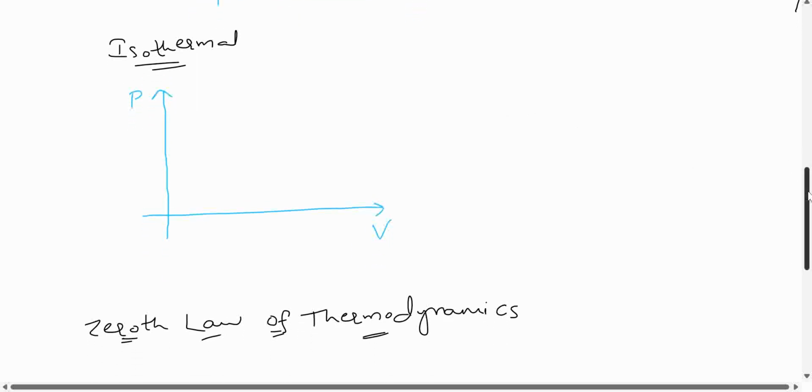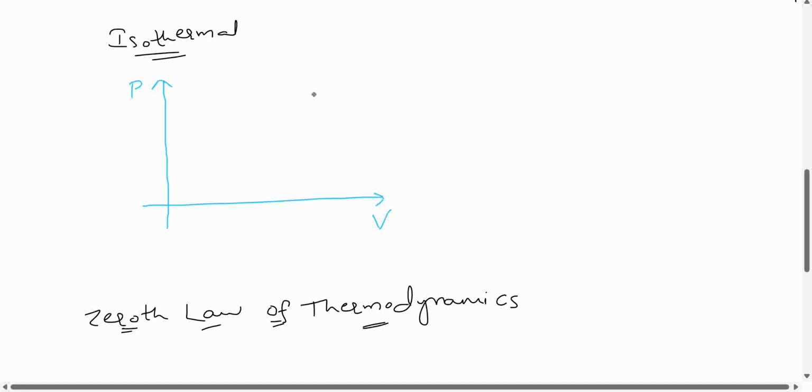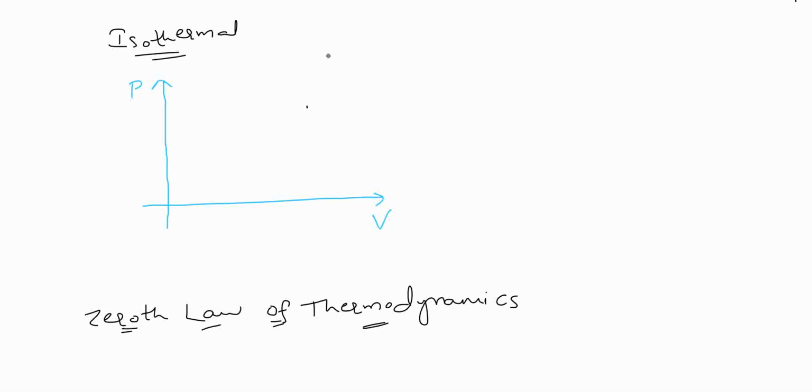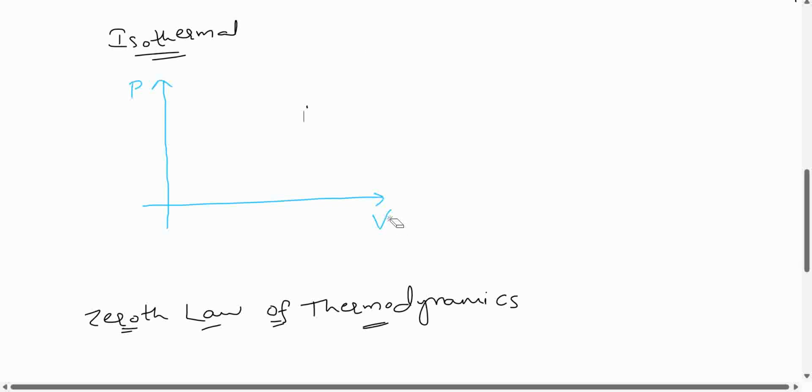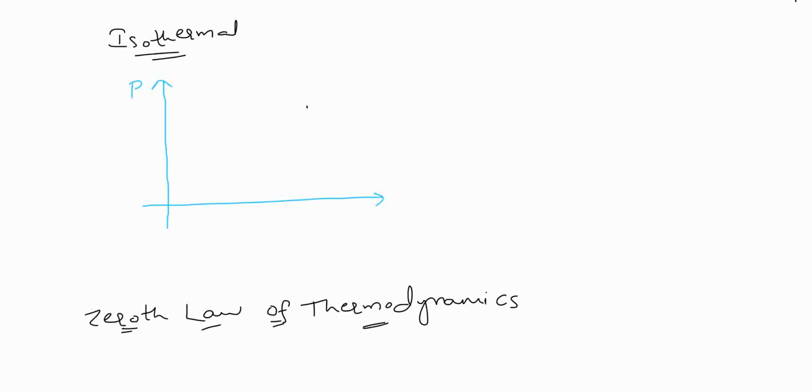We also have the isothermal process, where let's take a point. Sorry, this can't be volume. Rather, it is pressure. This is always pressure, and volume would be on the x-axis mostly. That's the usual way of plotting.